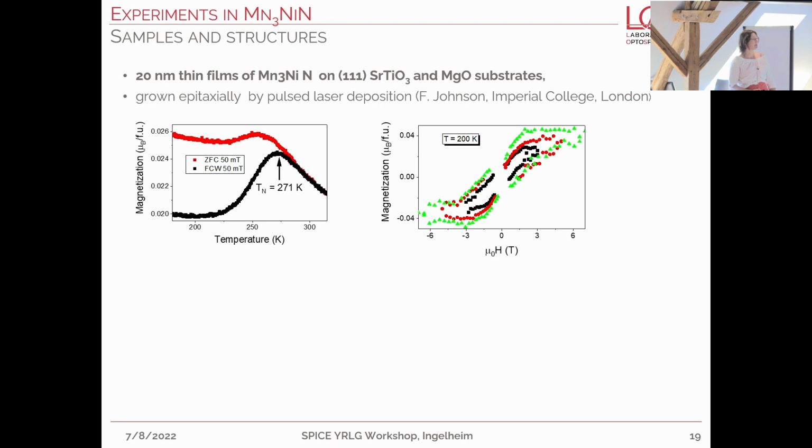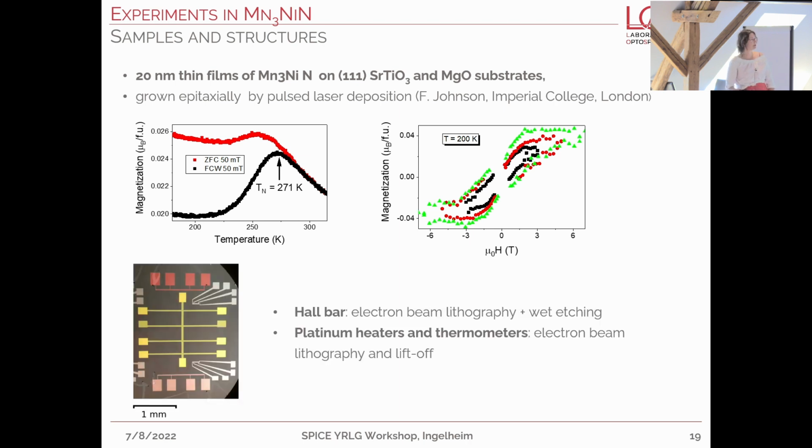And from the magnetometer, it follows that it has a very small spontaneous magnetic moment, like 0.01 Bohr magneton per unit, and you see it really drops with temperature, and the Néel temperature of this structure is around 270 kelvins. So beyond this, it's probably magnetic, but at low temperature, it's almost a fully compensated antiferromagnet.